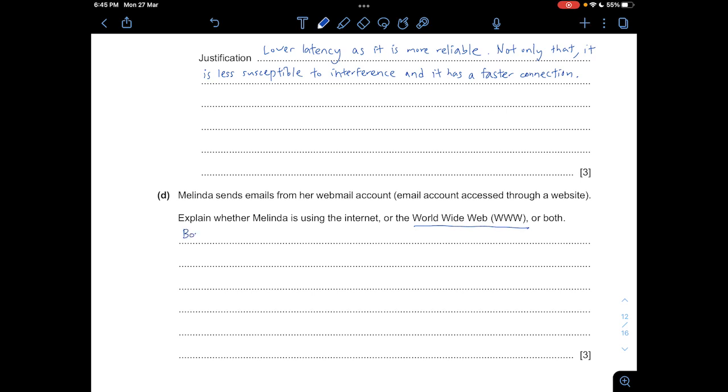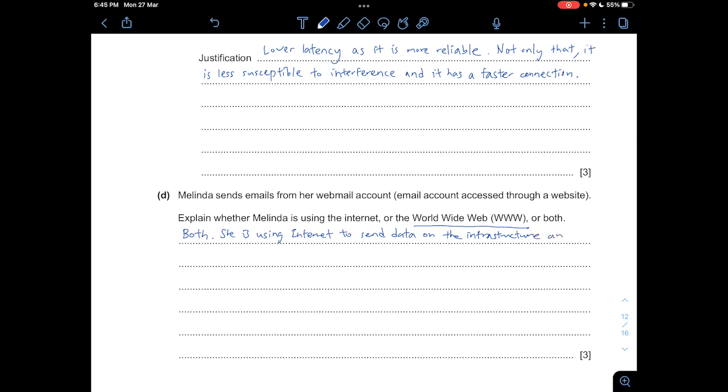Okay. And then you need to say that she is using internet to send data on the infrastructure. Infrastructure here could be server, basically. That's where the data is stored.